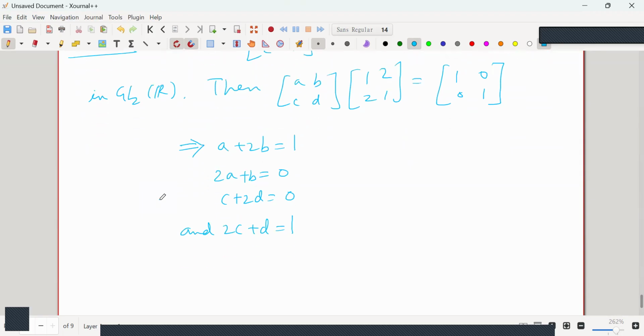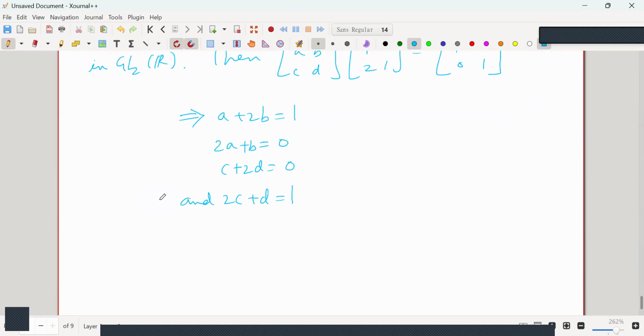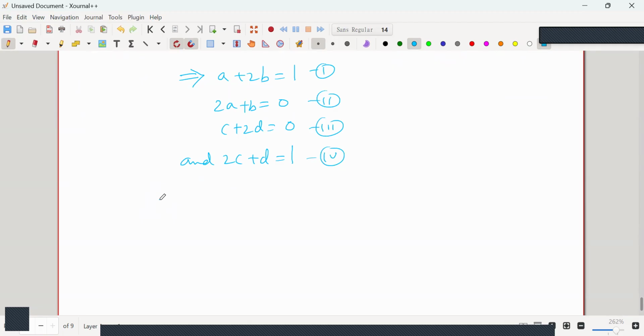So if we solve this, then we will get, maybe I can first get rid of one variable and then put it in the equation to get the other.